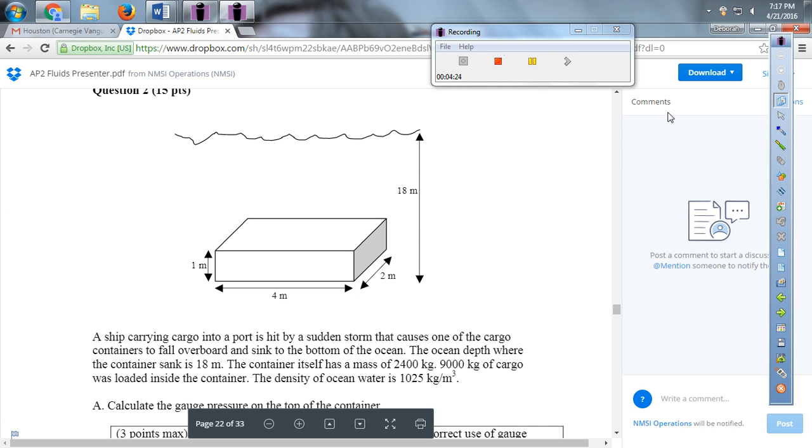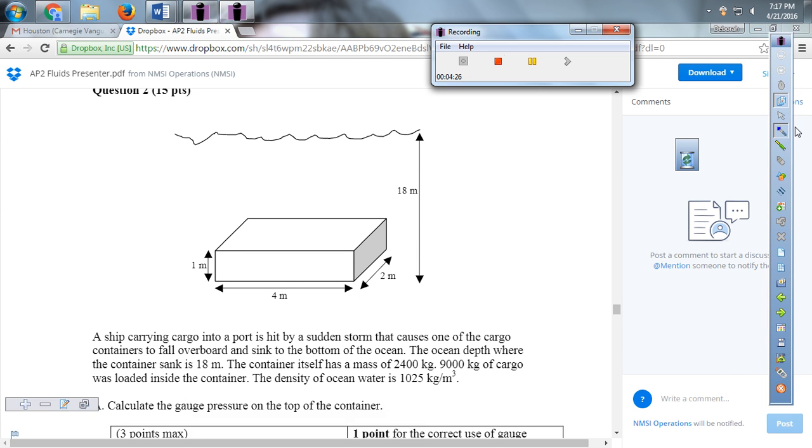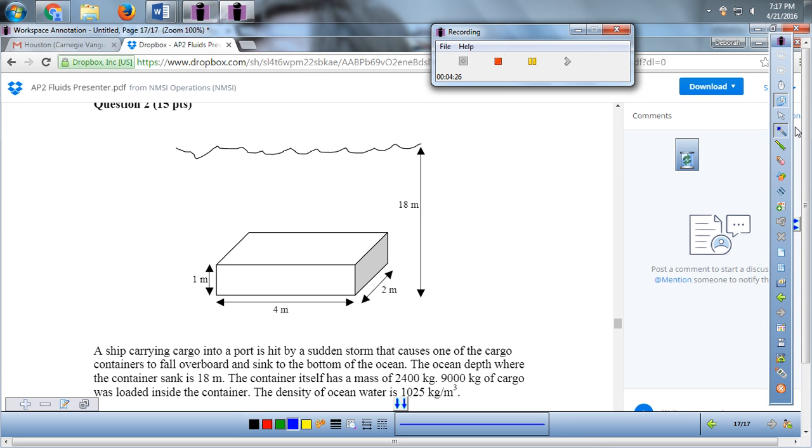Okay, there's our next one. So we have this little raft. And it is a ship carrying cargo into a port, hit by a sudden storm that causes one of the cargo containers to fall overboard and sink to the bottom of the ocean. Ocean depth is 18 meters. Container itself is 2,400 kilogram mass. Cargo is 9,000 kilogram mass. And they tell you the density of the ocean water, and they want to know the gauge pressure.